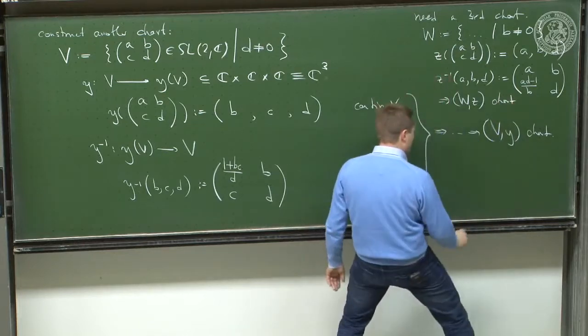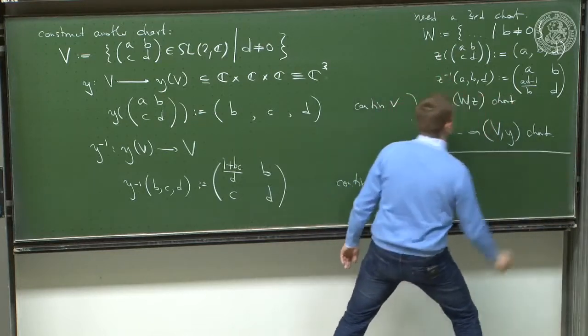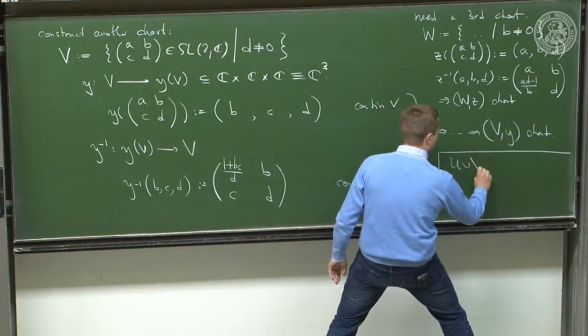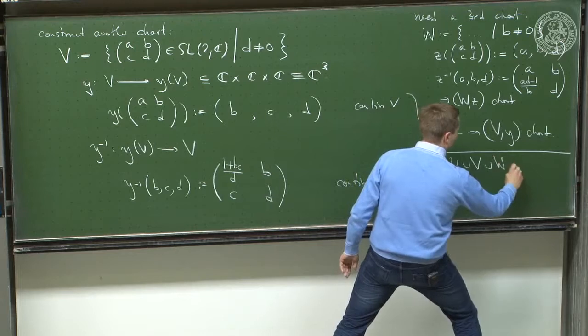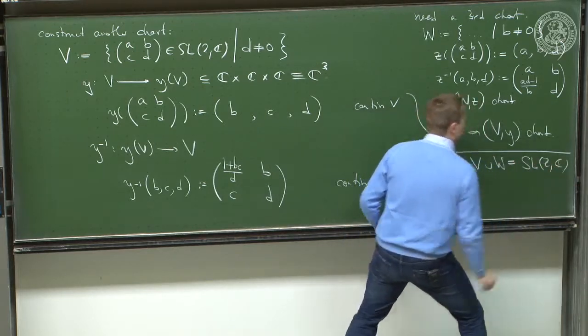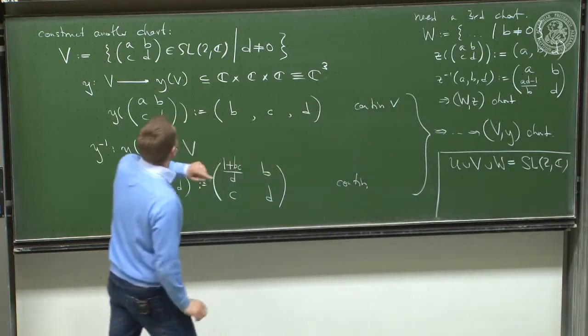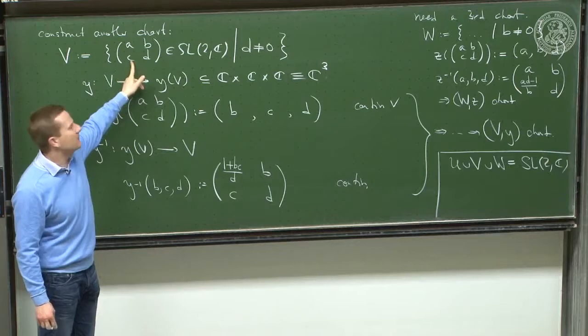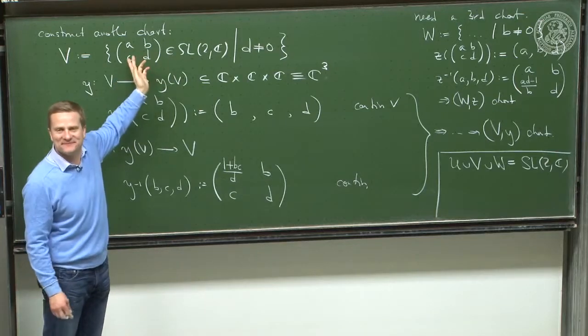And now the overall result of this little subsection is that the union of U with V with W certainly covers SL2 C, because the only point that's not covered now is where all four are 0, but that doesn't have a determinant 1.